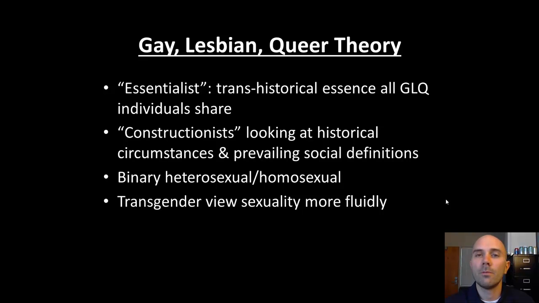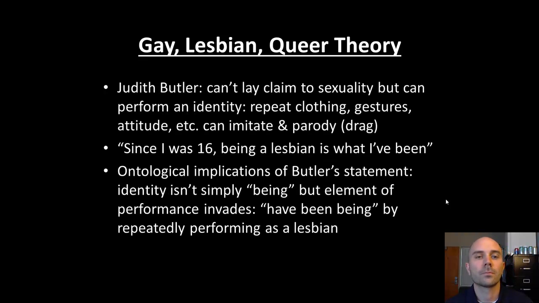So it would look at how that would evolve historically. Of course, from a structuralist point of view, we could look at heterosexual and homosexual as a binary, but a deconstructionist approach would focus on how transgender is more fluid, so it's not an either-or, but there's more of a spectrum involved.